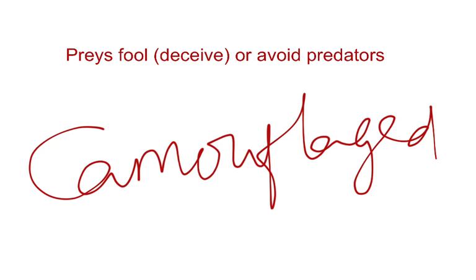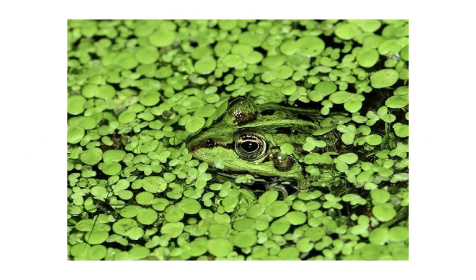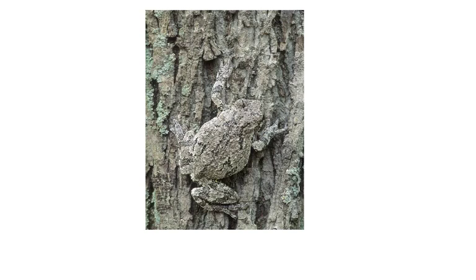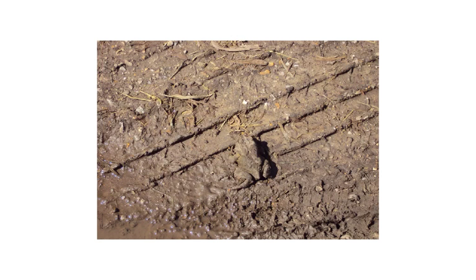For example, a frog which makes green color with their surroundings. Another frog making camouflage with their surroundings. A frog on the bark of a tree, which looks almost similar to the color of the bark. A frog in fields almost having the color of soil.